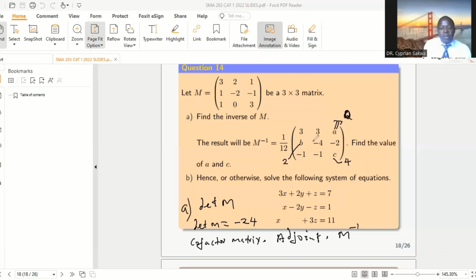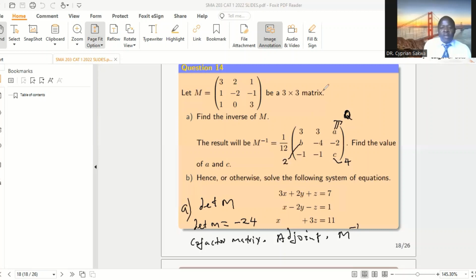When you do it, you find out. Of course, you factor out what is common. Factor out 1/12, which will be common. And then B will be 2, A will be 0, and C will be 4. So you have the inverse now.